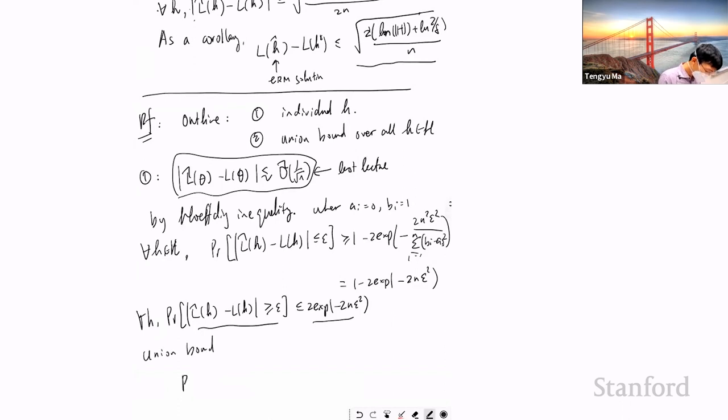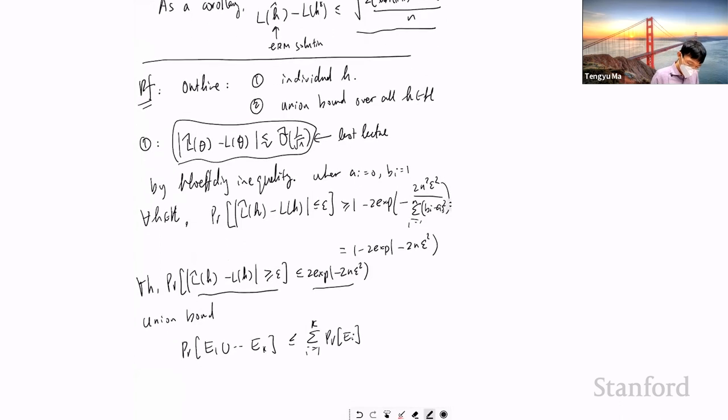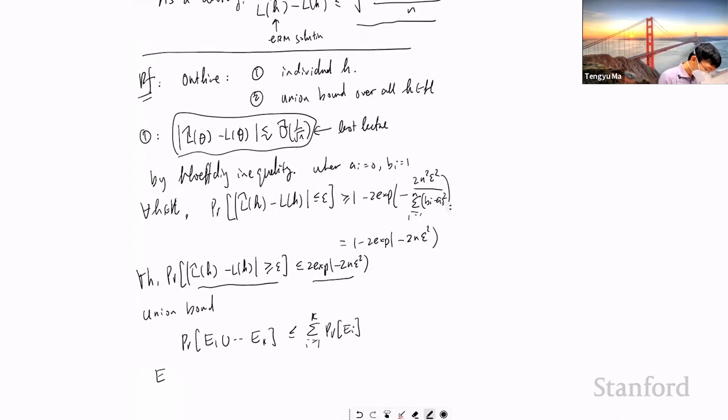The union bound says that if you look at the union of a bunch of events, say k events, then the probability of the union is smaller than the sum of the probabilities of each event. Here, suppose E_h corresponds to the event that L hat(h) is different from L(h) by epsilon.